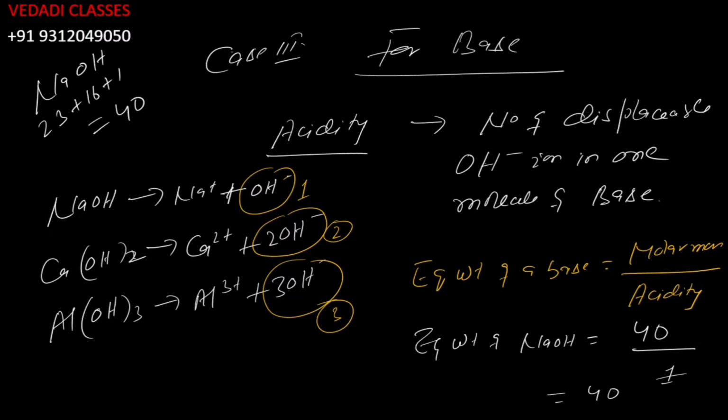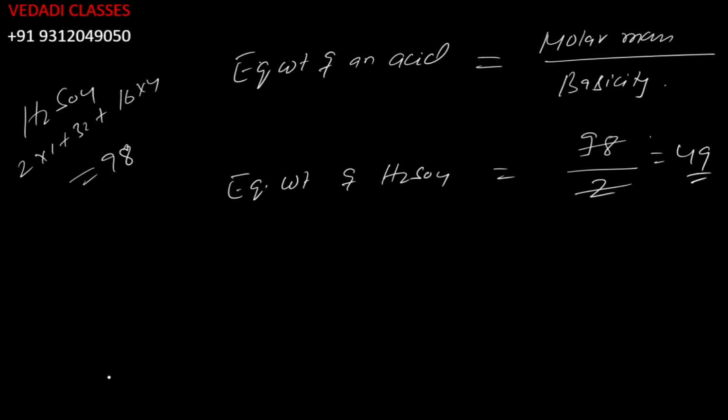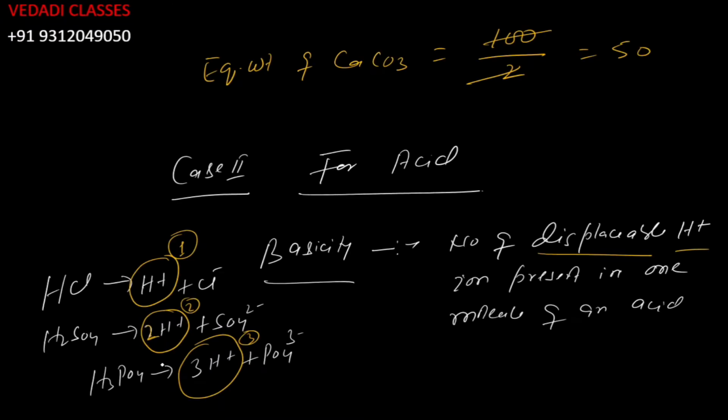Now the question arises here, as in the case of H3PO4. If I ask you the same for H3PO3, what will be the basicity? H3PO4 has 3 H plus and PO4 3 minus, so it has 3 displaceable H plus ions, so its basicity is 3.